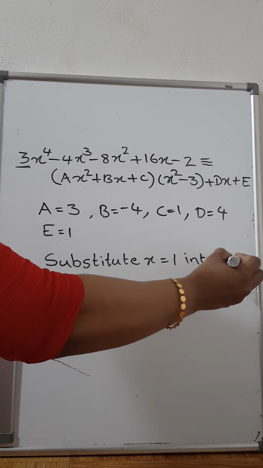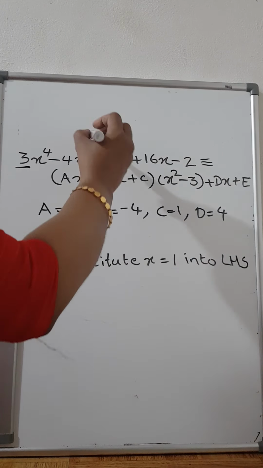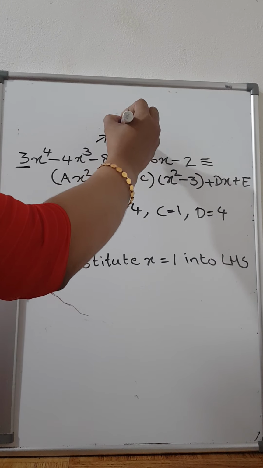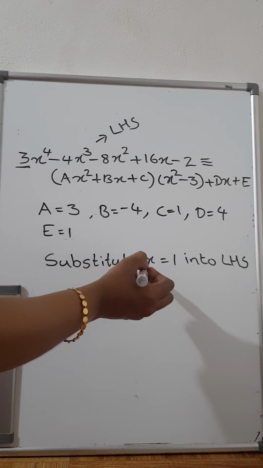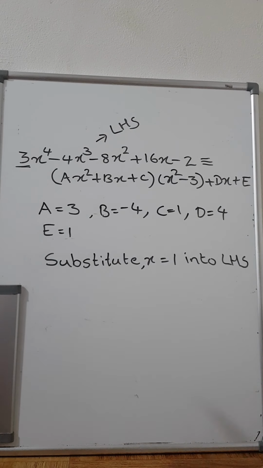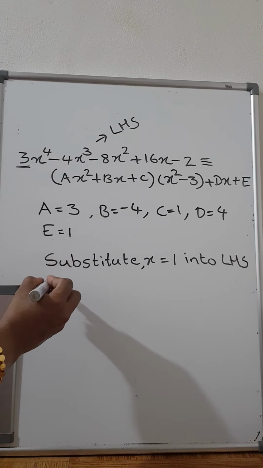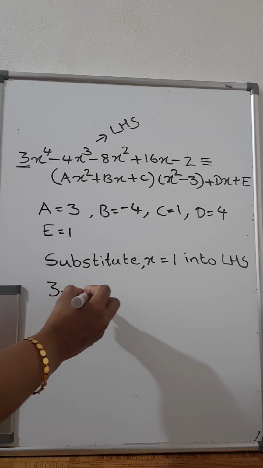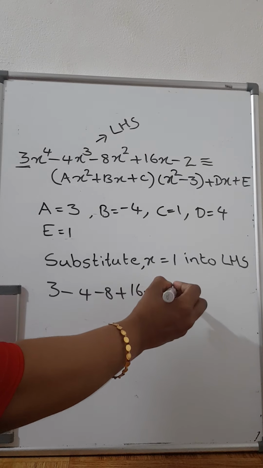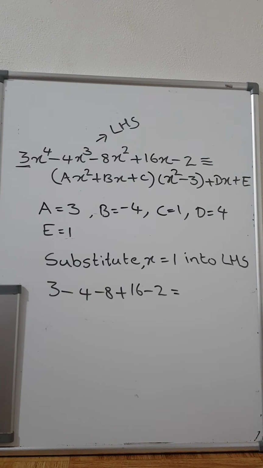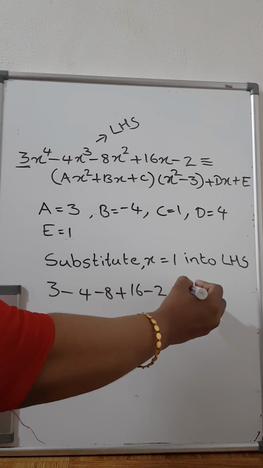LHS means left hand side. This is our LHS. So what happens here? We can see 3 minus 4 minus 8 plus 16 minus 2. This will be 5.